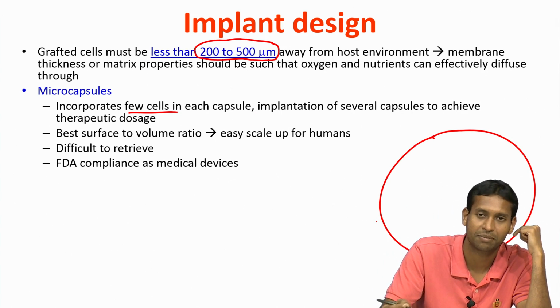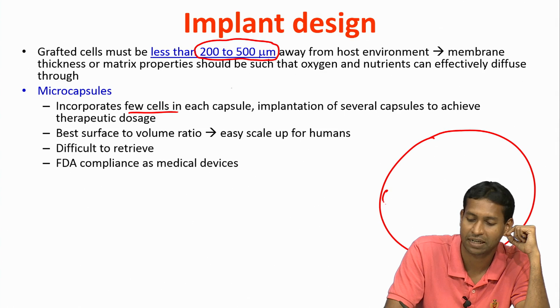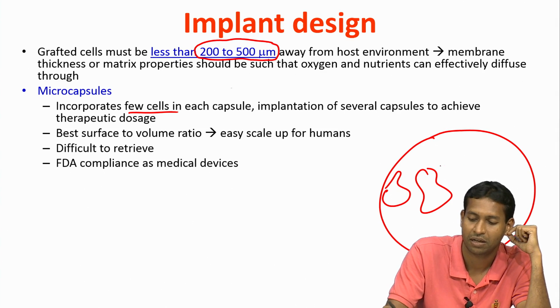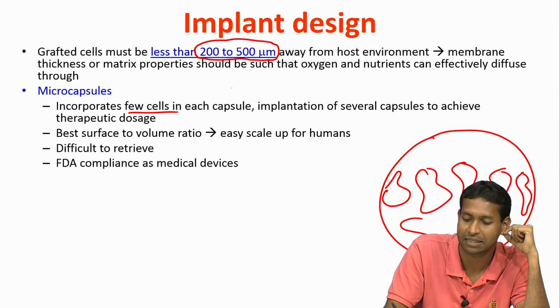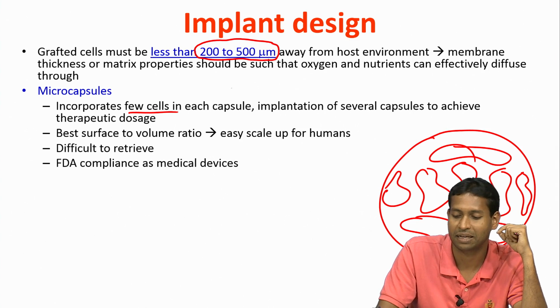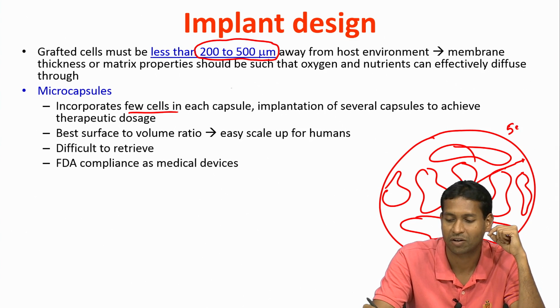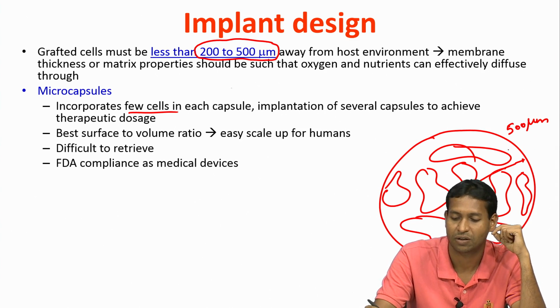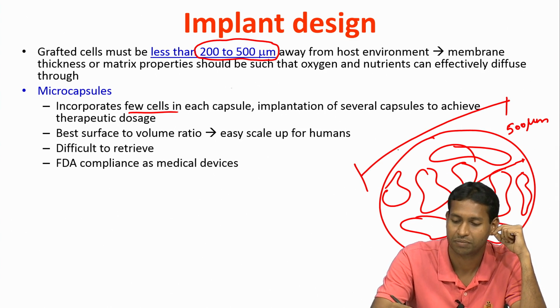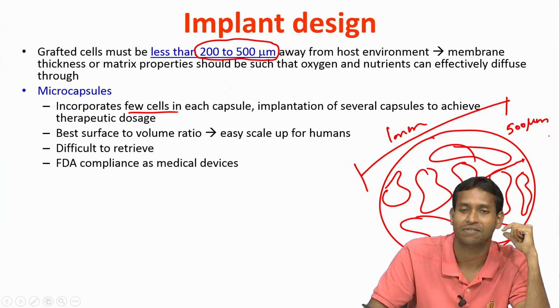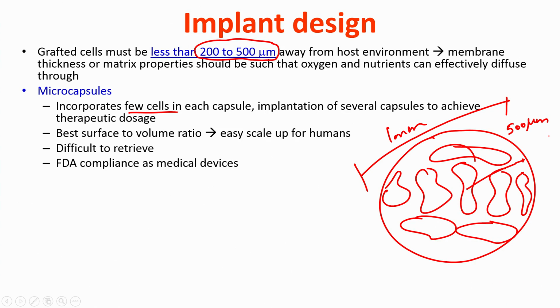Let us say your cell is about 10 micron, then you can encapsulate quite a few cells, not millions of cells, but at least each capsule can have quite a bit of cells, and then each of these cells is not more than 500 micron away. So, if you make it 1 millimeter, all the cells are within 500 micron of the edge.